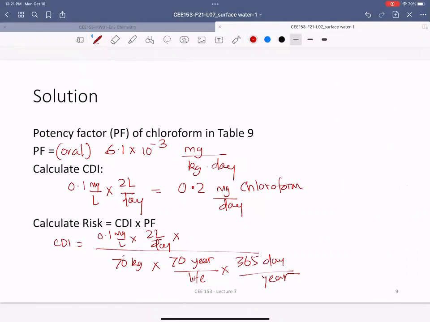So now if you get that one, you get CDI, then multiply by this value, you'll get the risk. Okay, it will be very small, like 16 per million or something like that, 17 or 16 if I remember the example. Most times, cancer risk is always calculated in millions of people, how many will develop that cancer.